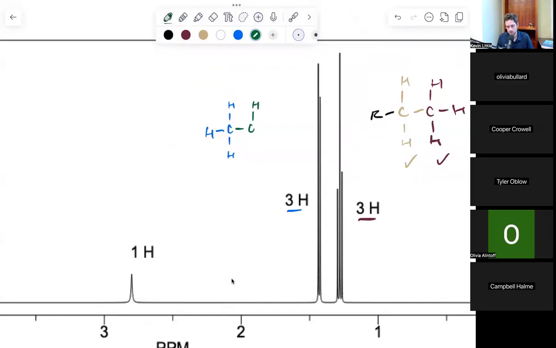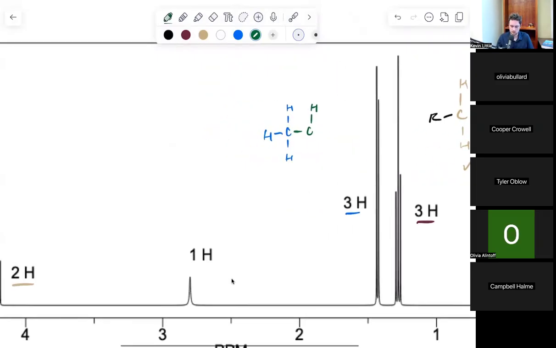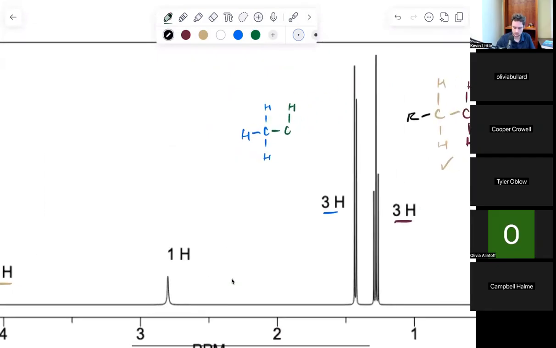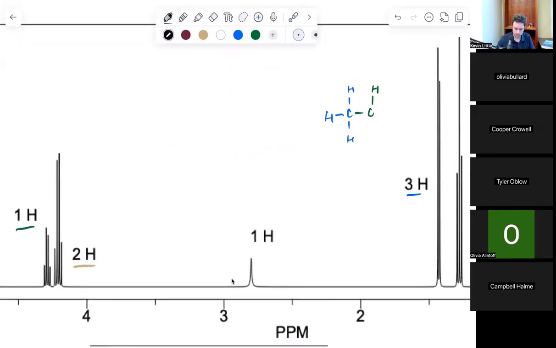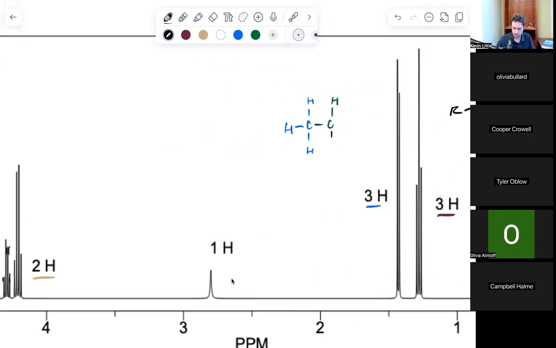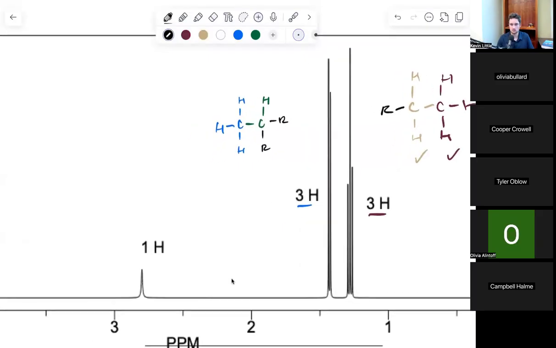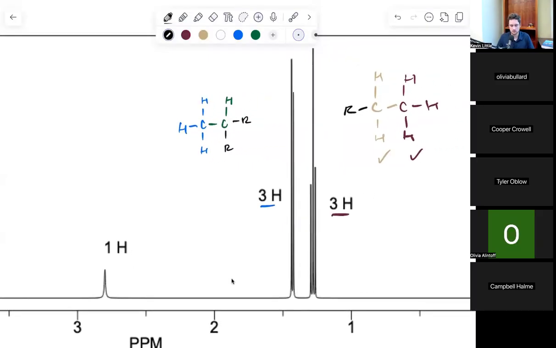The green is most likely this guy, and again, he's a quartet. So he's got 3 neighbors, right? There's 1, 2, 3, 4. So he's already checked off, which means that I have 2 R groups here. So I've kind of built the 2 edges of my chain. I'm building them inwards.